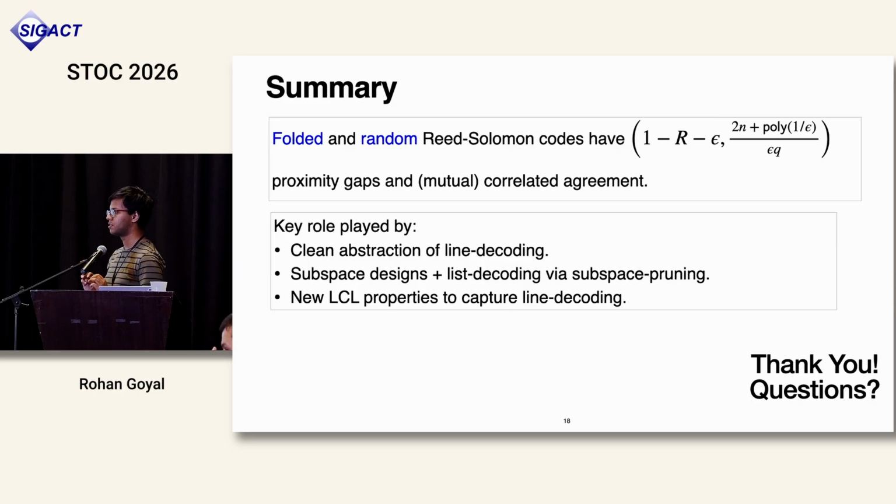Just 3 code words must be collinear. Srivastava's work and AHS will give you order 1 over epsilon squared many close by points needed. The question is, can you just get away with order 1 over epsilon?